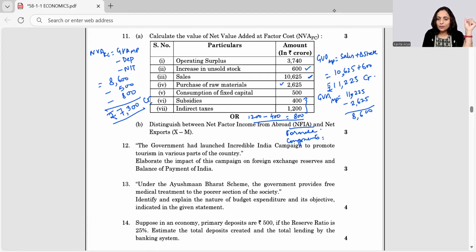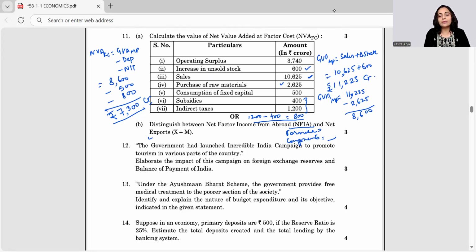So you can talk about the components and you can give a theoretical explanation also that this is the difference of the factor income which is generated from abroad by the residents and the factor income which is given to abroad by the non-resident of the country. Right. So this way you have explained fairly well, giving its explanation, formula and components. And when you talk about net exports, it is the clear difference between the exports and imports.